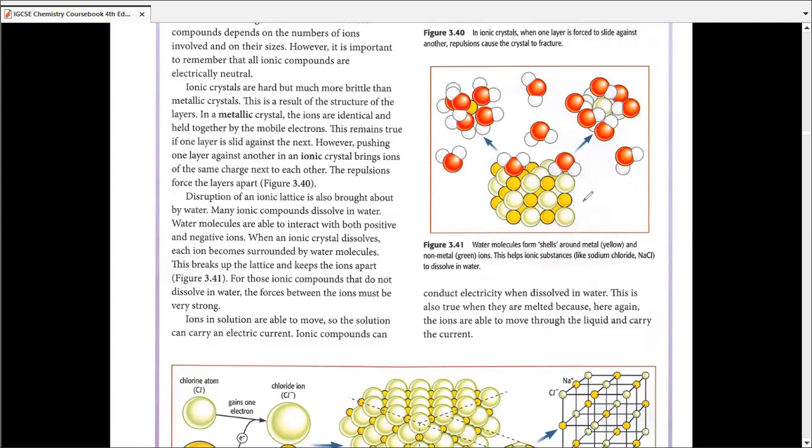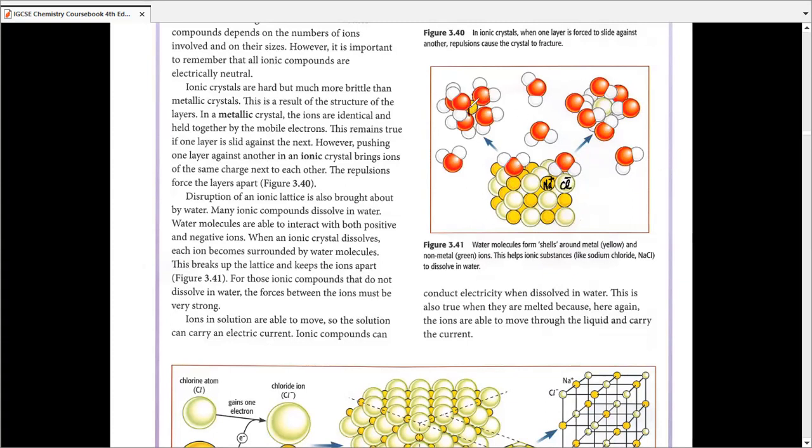Now, this diagram confirms that the bigger ones, drawn in cream color, are chloride ions. The ones drawn in the smaller size are sodium Na positive ions. Water is capable of surrounding the ions separately, ion by ion. It takes time, but it is capable of breaking the entire lattice up and surrounding every ion separately.